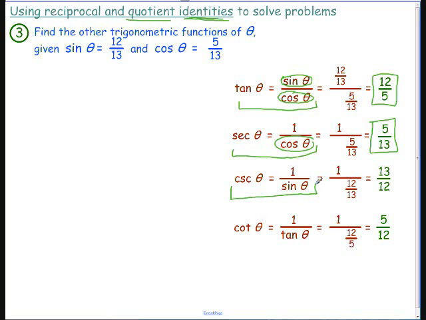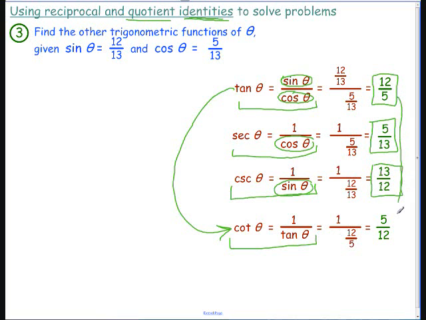Then our reciprocal identity for cosecant, and we use the one we know, sine, and get our answer. And then, of course, we can draw on what we had up here to again use a reciprocal identity using our 12 over 5 right there to get our answer.